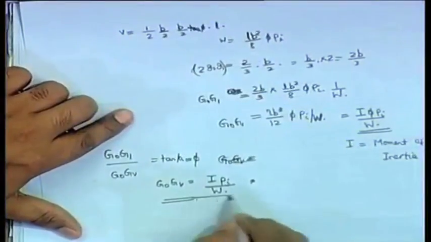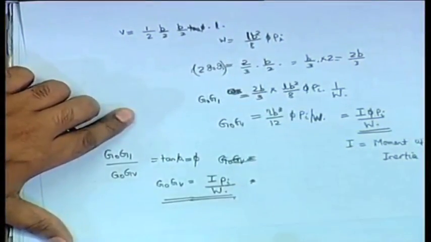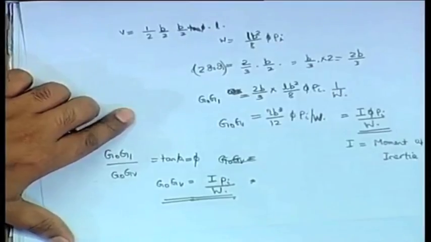When that happens, the center of gravity shifts both in the vertical and in the horizontal direction. What we derived, G0 G1, is the shift in the horizontal direction. We will come to the vertical shift later, but just remember this expression G0 Gv is equal to I rho by W, we will derive it.